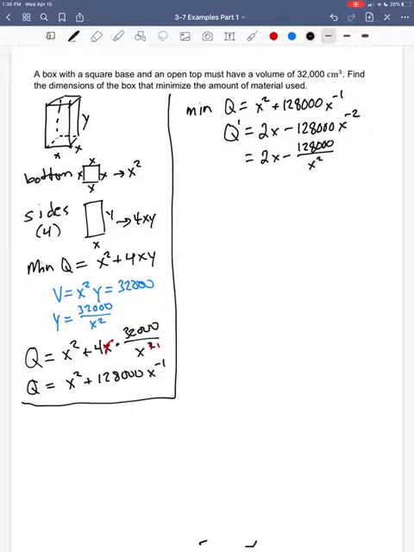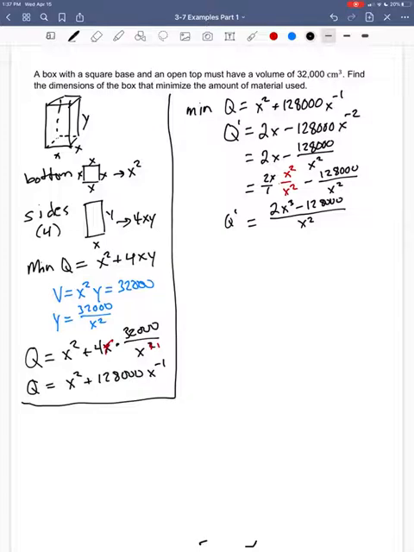And now I can write this as a single fraction. And so when all the dust clears here, I get 2x cubed minus 128,000 all over x squared. And that's my Q prime.